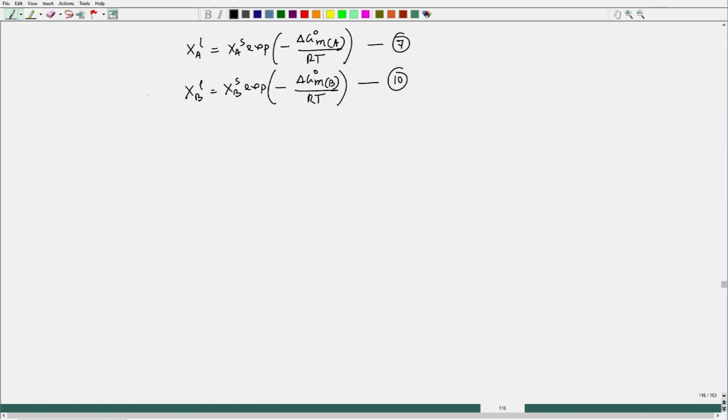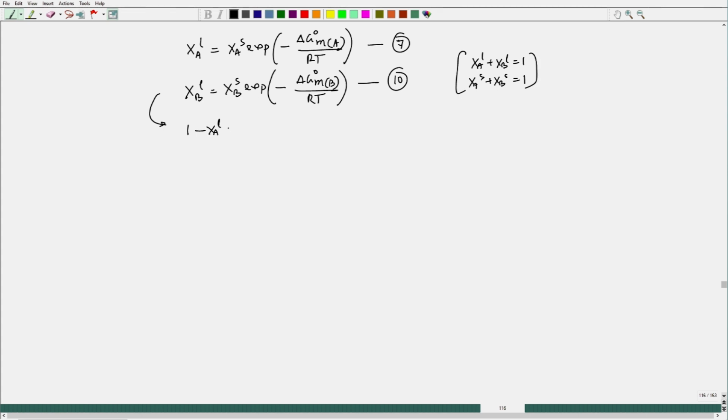From 10, I can write this as 1 minus XAL, because XAL plus XBL should be 1, and XAS plus XBS should be 1. So that should be maintained.